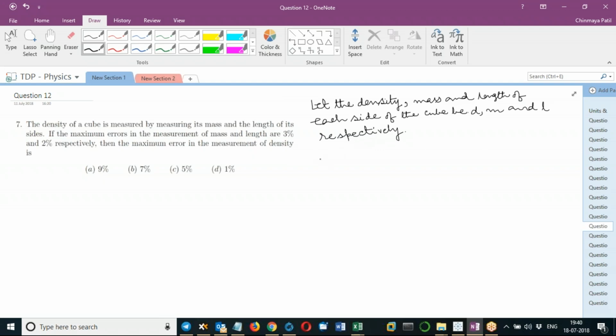Then we know from this relation that d is equal to m by l cube.